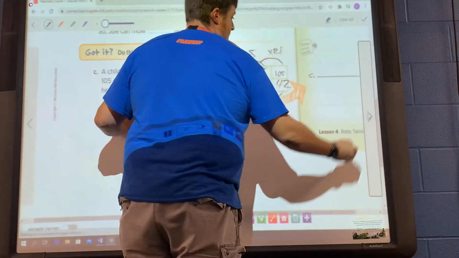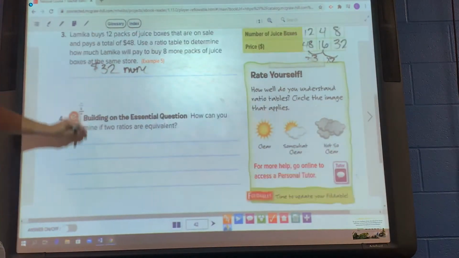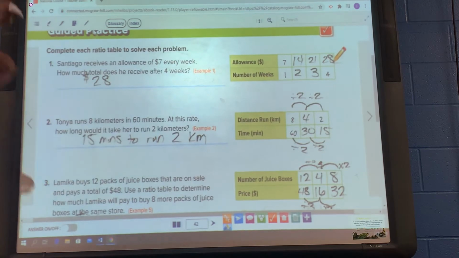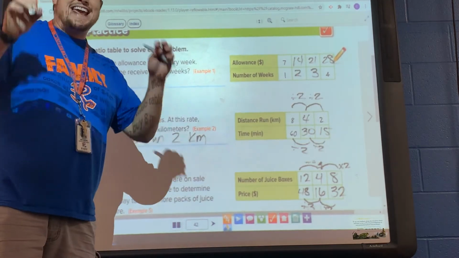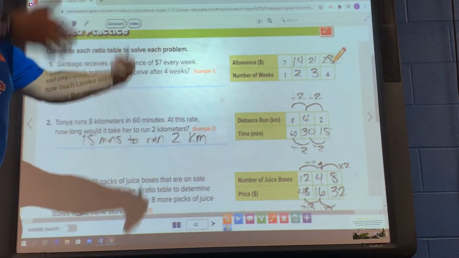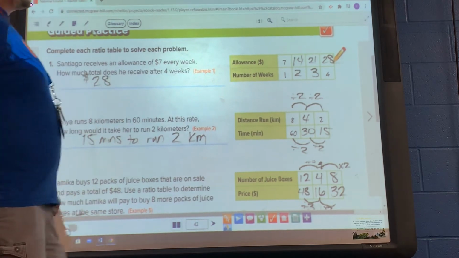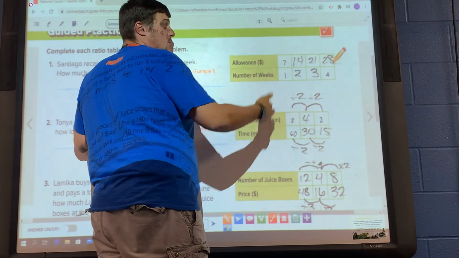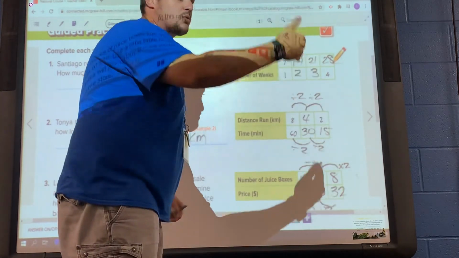Okay, so let's look at these again. Number one, when you're just working with a ratio table, you're just finding a pattern that's going over and over again. Like in this case, he made $7 every week. So each week he's making $7 more.